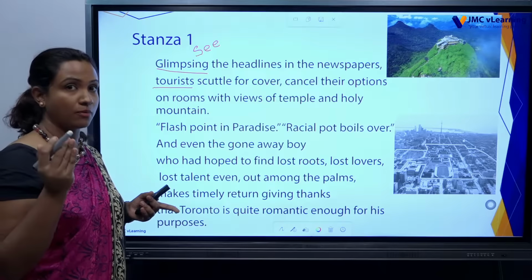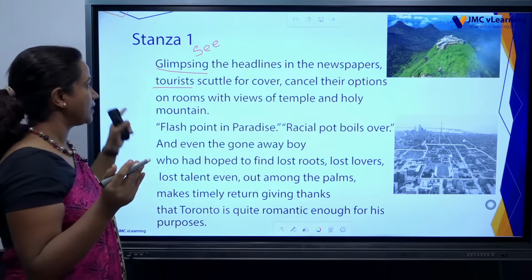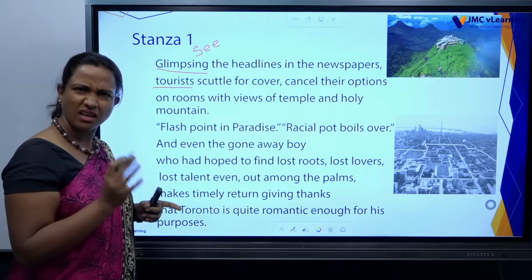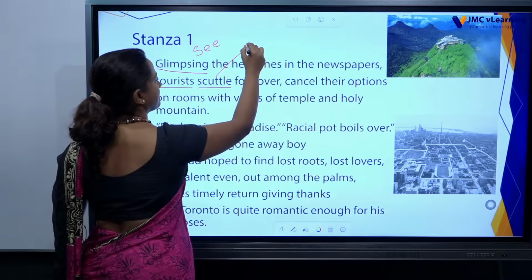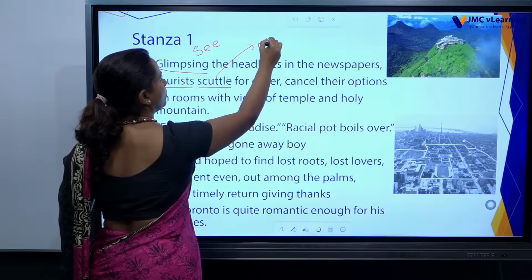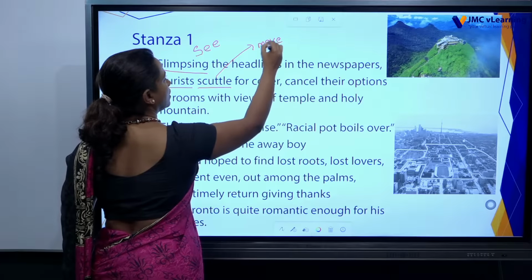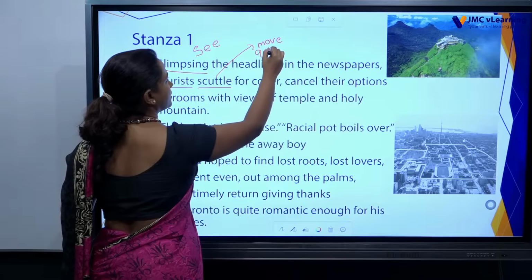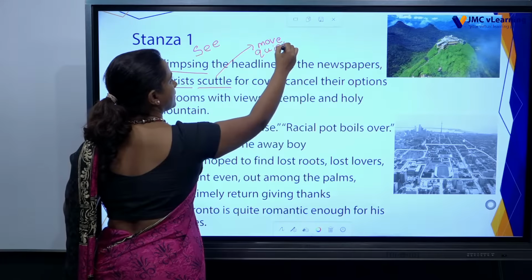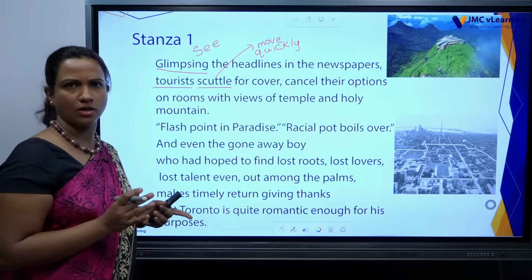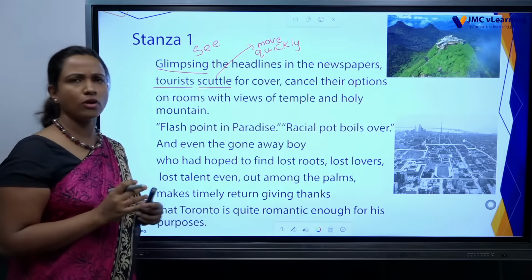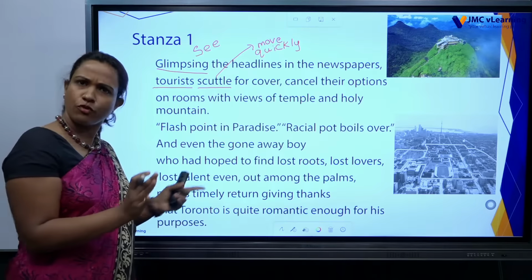Also because of the climate. They scuttle. Scuttle is move quickly for cover. Tourists scuttle for cover. They move quickly for cover.